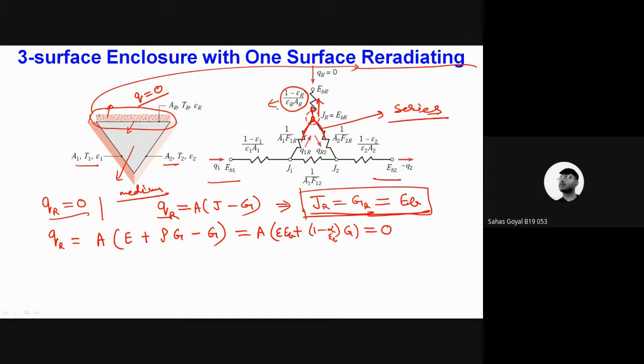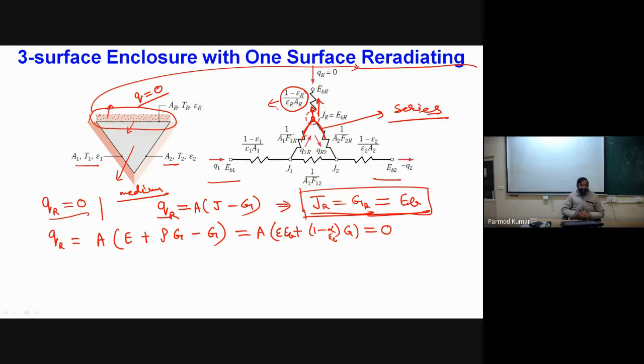Sir, I have a little doubt about the re-radiating surface. Does a re-radiating surface not absorb any energy, or not radiate any energy, or both? Basically, the net exchange of energy with the re-radiating surface will be equal to 0. Whatever energy it is emitting, the same amount of energy it is having as irradiation.